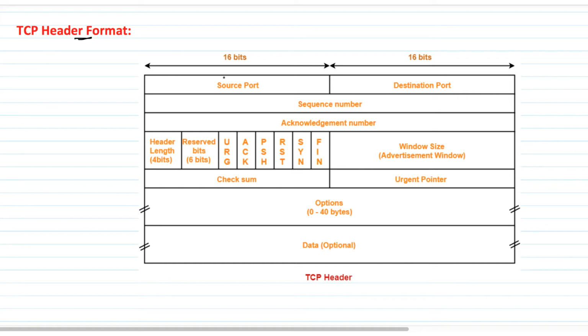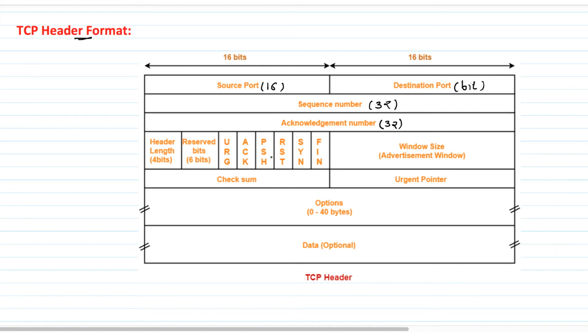The TCP header is basically 32 bits in each row. In the first row we have source port and destination port, each of 16 bits. The sequence number is a 32-bit field, the acknowledgement number is a 32-bit field, header length is 4 bits, and reserved bits are 6 bits.